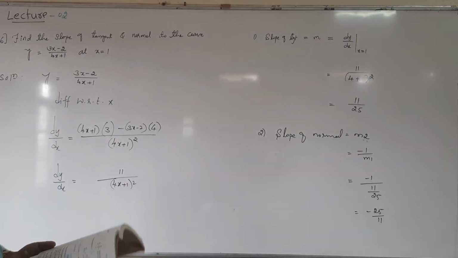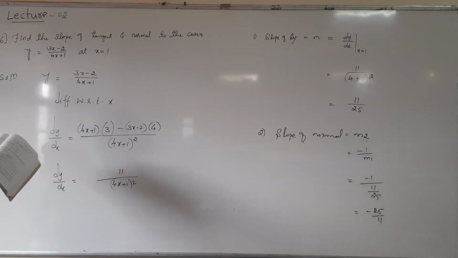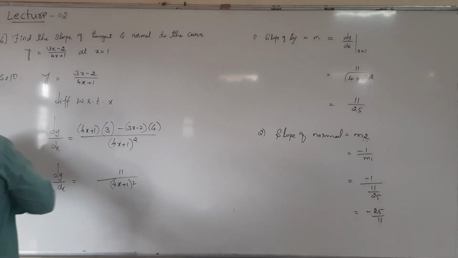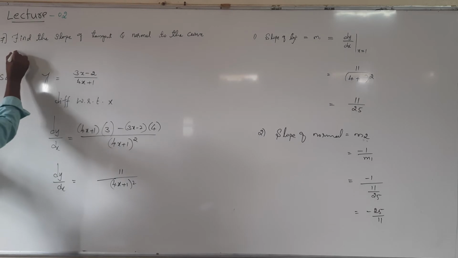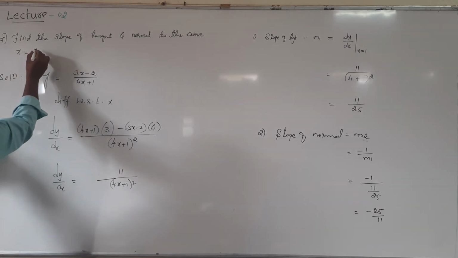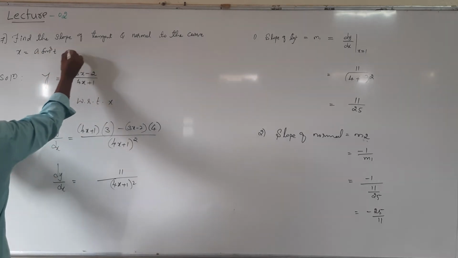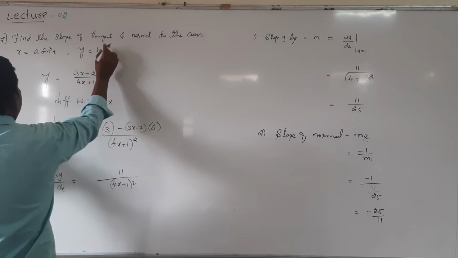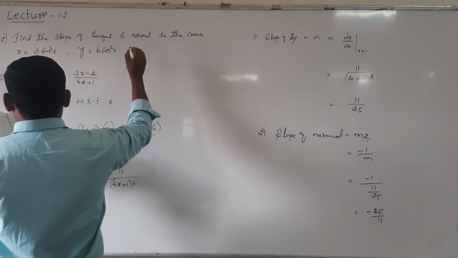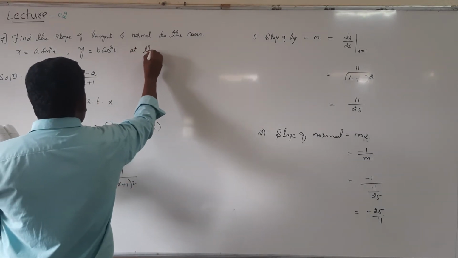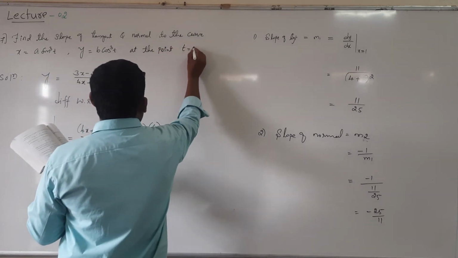Next question. Find the slope of tangent and normal to the curve x equal to a sin cube t, comma y is equal to b cos cube t, at the point t equal to pi by 2.